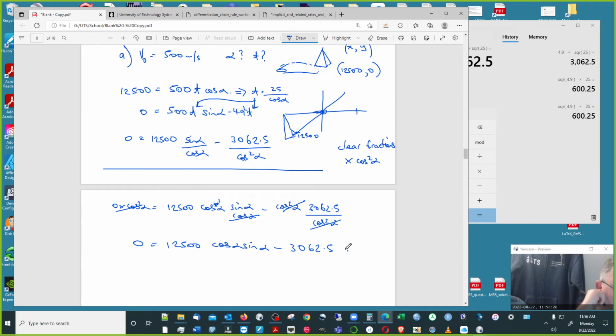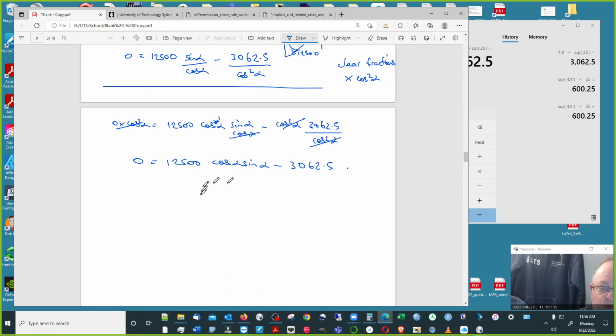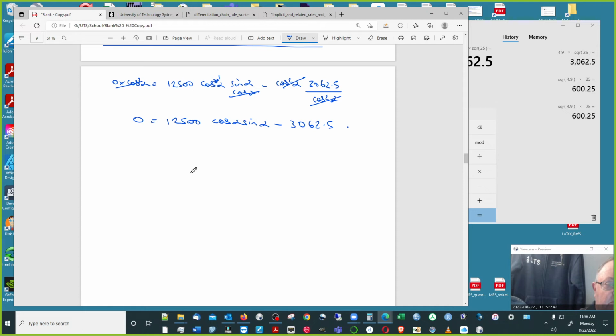Now, this is a problem here in trig, because we've got the problem of how do we get this in terms of either sine or cos. So we've got to go and find an identity that'll help us do that. It's one of the a plus b's.